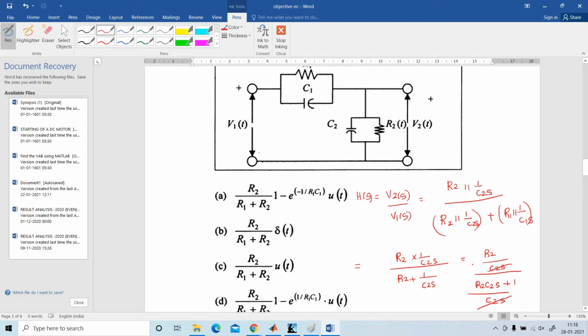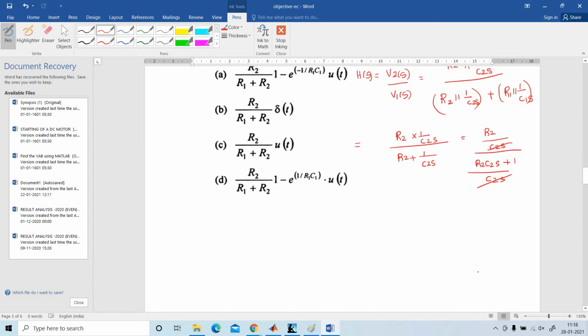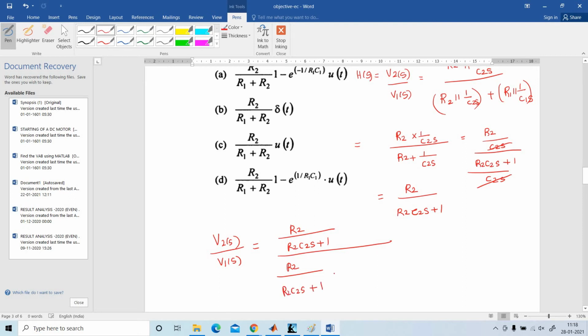Both get cancelled, and finally the value obtained is R2 divided by R2 C2s plus 1. Now I am going to substitute this in V2 of S divided by V1 of S: R2 divided by R2 C2s plus 1, over R2 divided by R2 C2s plus 1 plus R1 divided by R1 C1s plus 1.